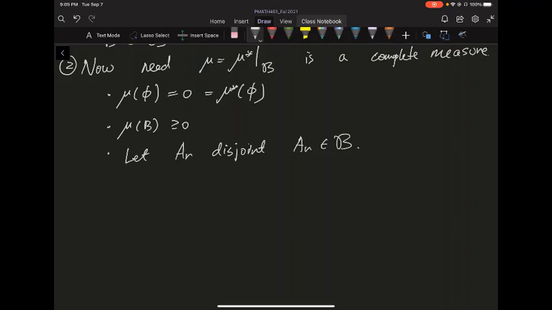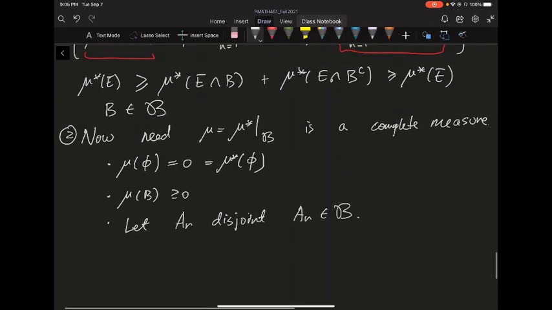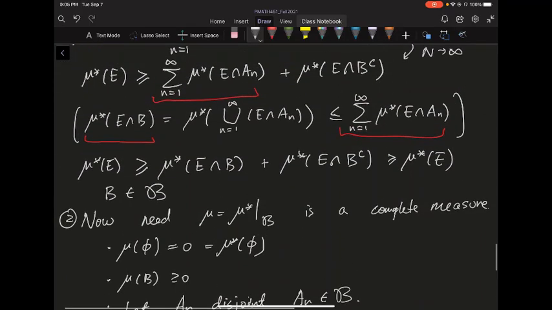Well, if we just go back to our previous calculation a little bit, what we showed is that you see here we have a μ* of E, which is greater than or equal to this infinite sum plus something else, and that is greater than or equal to μ* of E. So we know they're actually all equal.